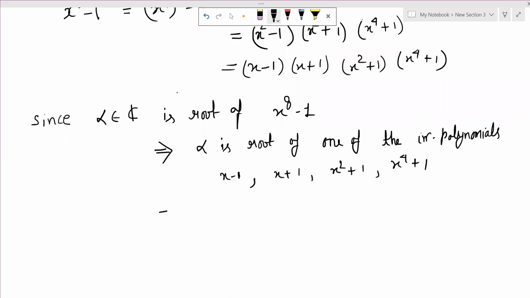This implies the possible degree of alpha is 1 to 4.